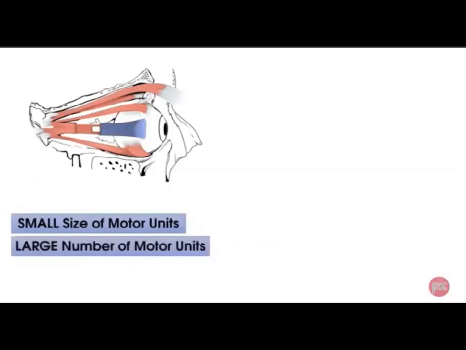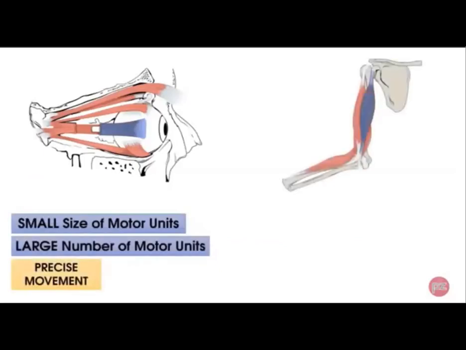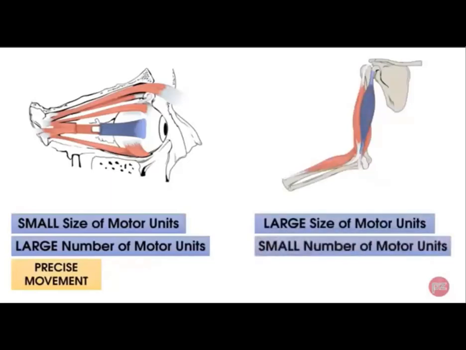Say the muscles in your hand or eye have about 10 to 15 muscle fibers supplied by each motor neuron. Muscles which require more gross movement have less motor units. So your biceps muscle and quadriceps muscle have about 1,000 plus fibers stimulated by a single motor neuron. So more motor units in a muscle equals more precise movements.